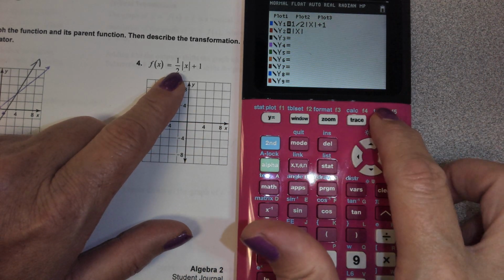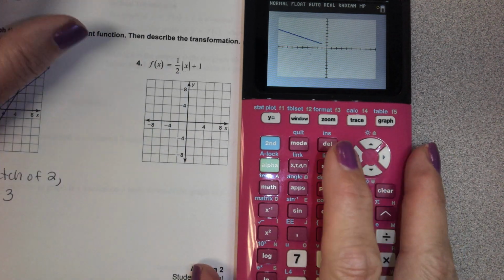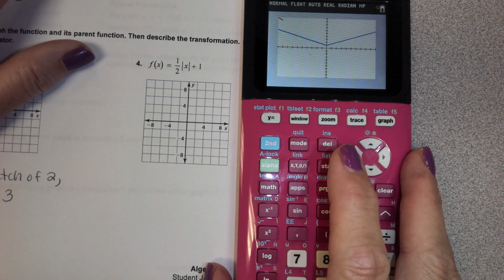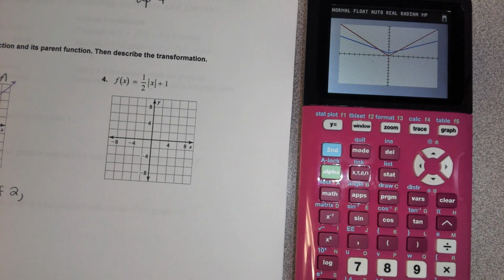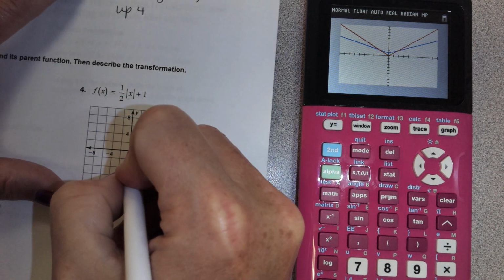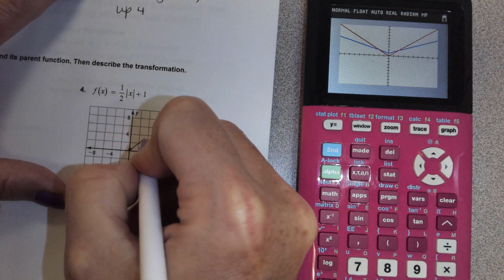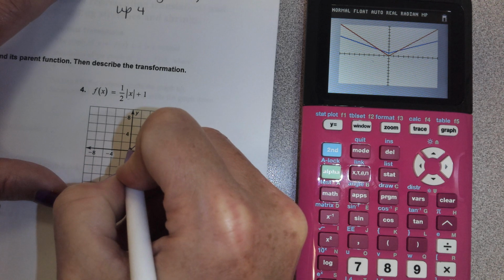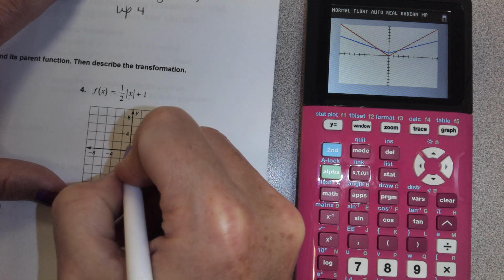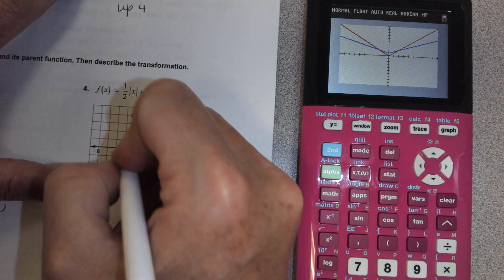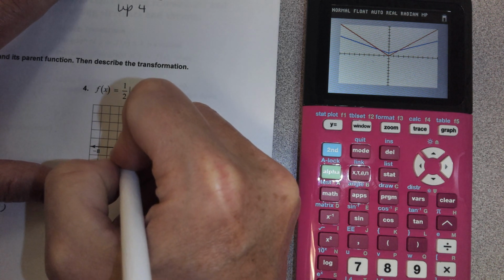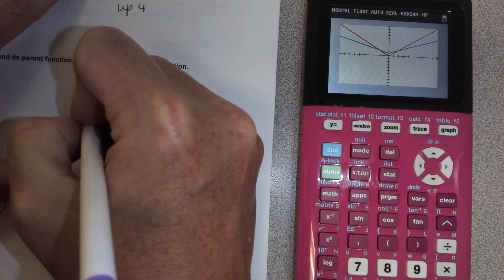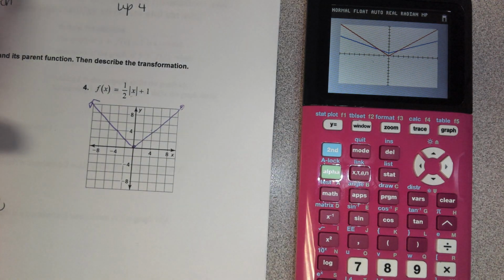All right, so now we're going to see what the difference is between these. So I'm going to hit Graph. So there's the new one I got. And here's the original one. All right, so the original one I'm going to do in purple. The original one is just this V shape. And actually its slope over here is just +1, up 1 over 1. Over here it has a negative slope, so it's like up 1, left 2. So there's our normal absolute value function.